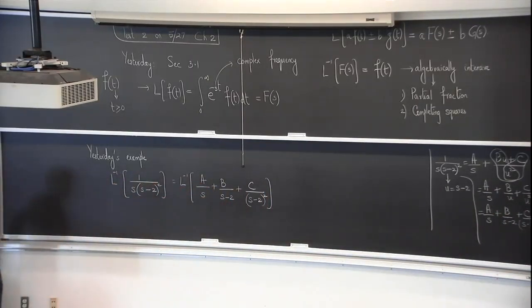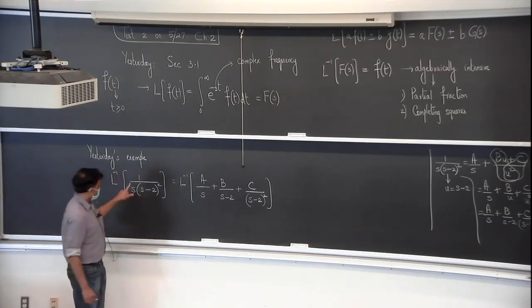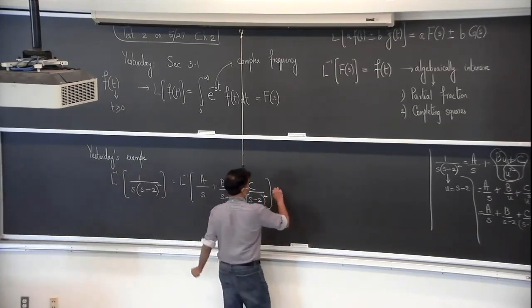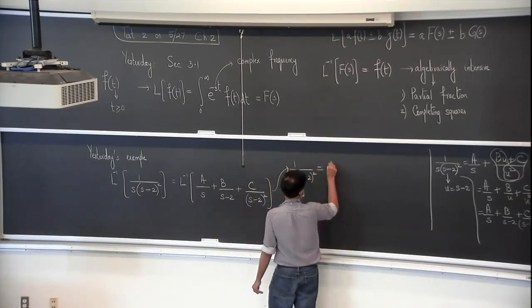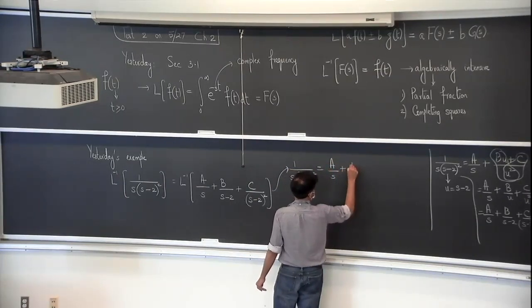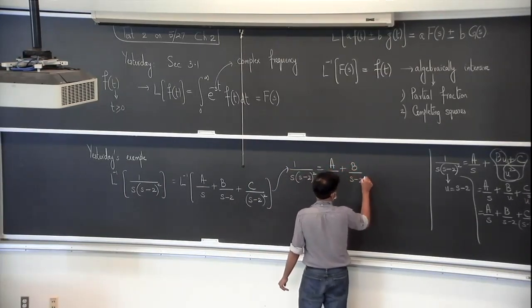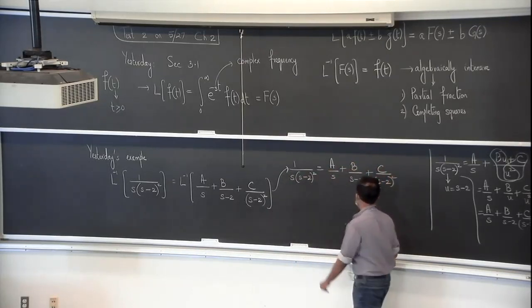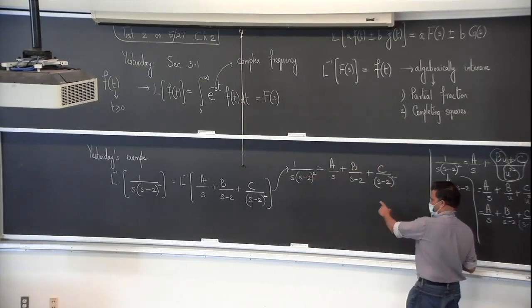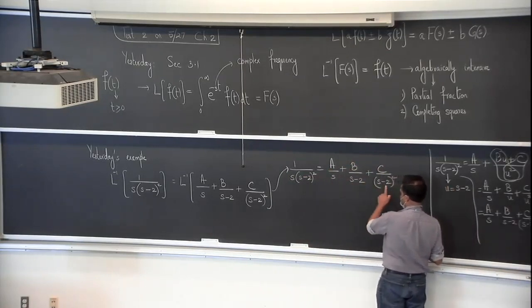Anyway, back to here. So let's do our usual business of comparing the coefficients, of clearing the fractions. So 1 over s times s minus 2 whole square equals a over s plus b over s minus 2 plus c over s minus 2 whole square. To clear the fraction here, you have to multiply throughout by s times s minus 2 whole square.